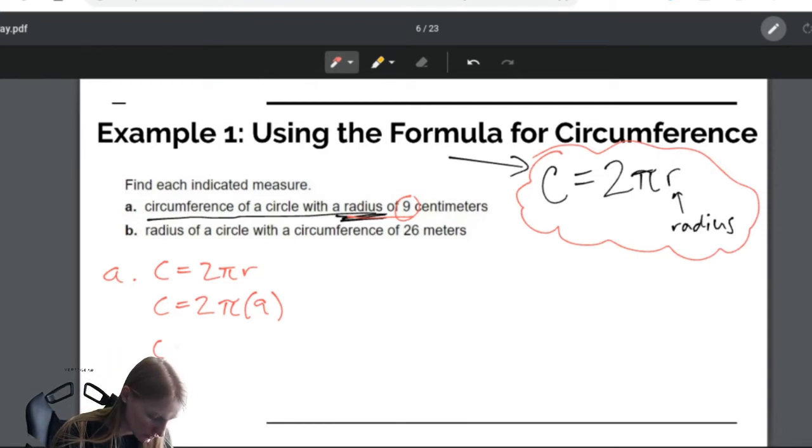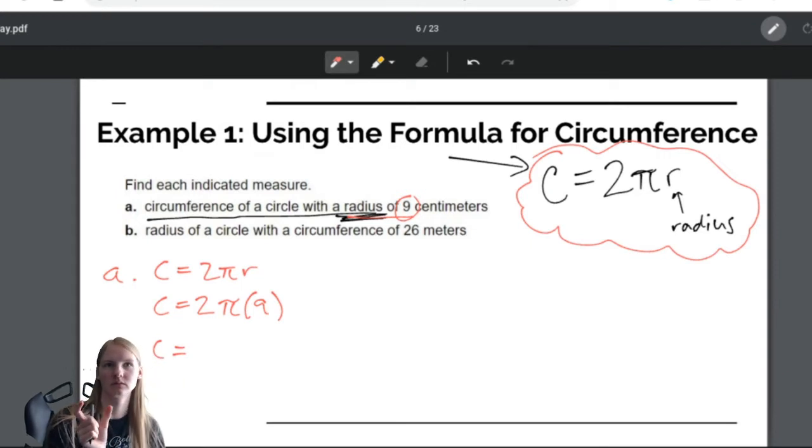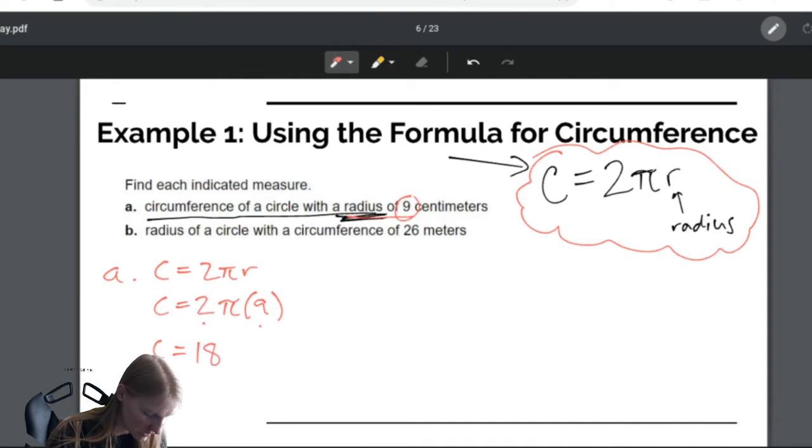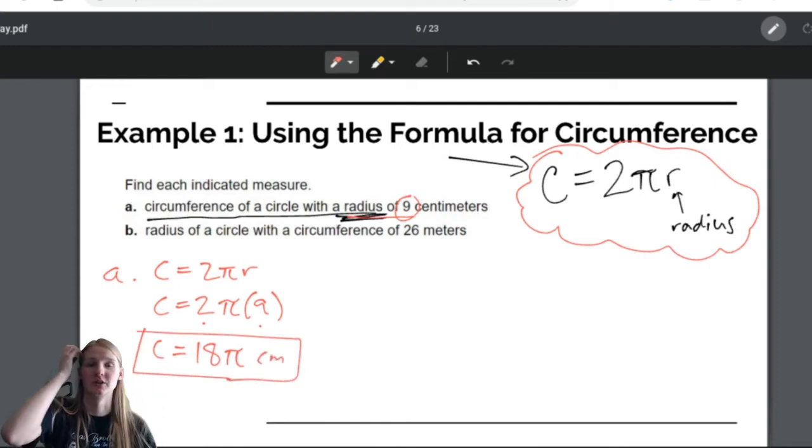If they want you to use the exact answer, we would just do 2 times 9, which is 18 pi centimeters. And that would be our final answer, if we wanted an exact answer.